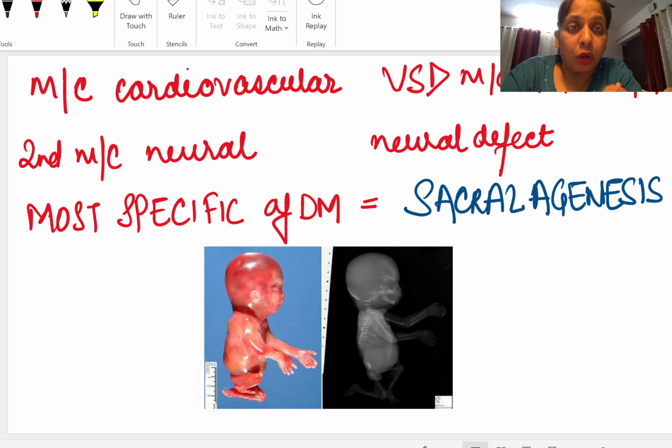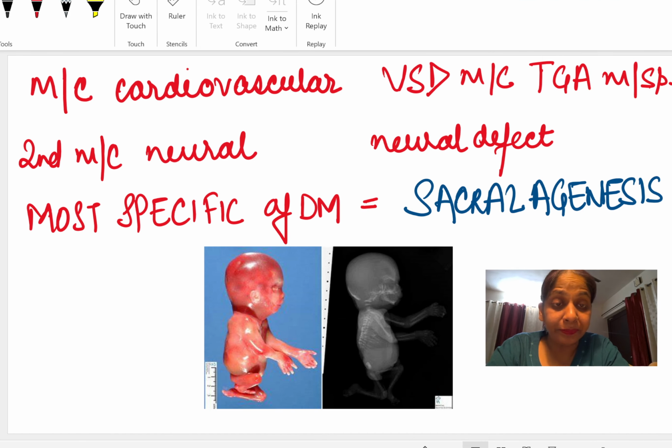The most common system affected due to diabetes in the mother is the cardiovascular system, and VSD is the most common cardiac defect. A lot of students have messaged me saying ma'am, VSD is not the most common, TGA is the most common.